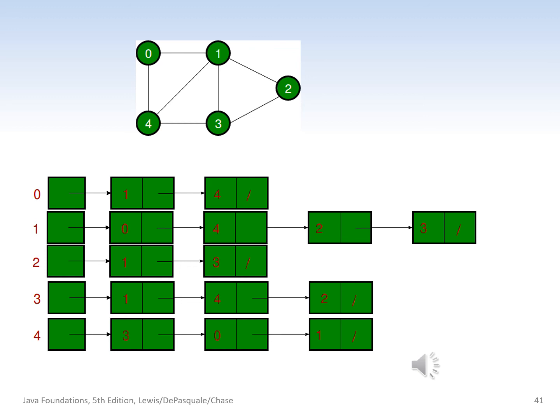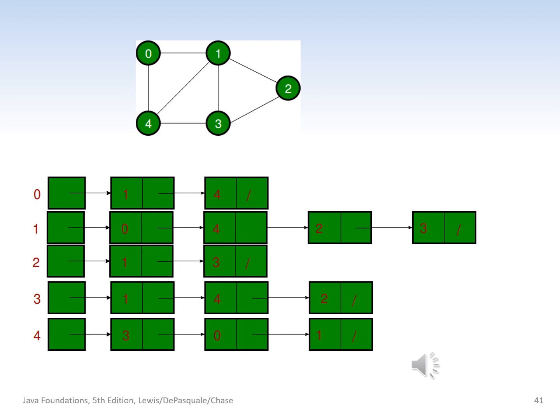And I'm going to show you the same graph with the adjacency matrix next so you can compare the two. So in this case, we have an array size of 5. And that matches the number of vertices we have.